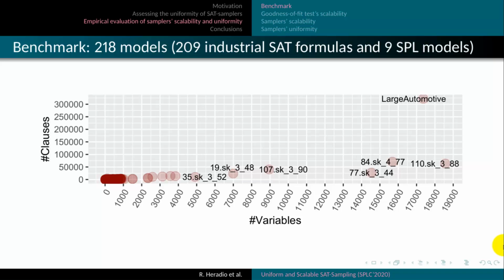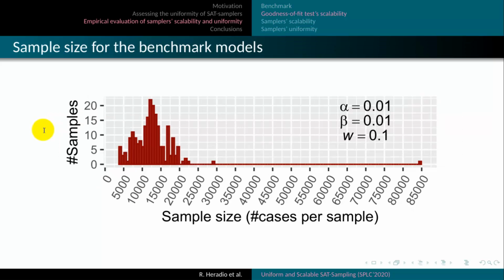We use a benchmark composed of more than 200 models, ranging from small ones to very large ones with more than 70,000 features and 300,000 clauses. Remember that existing validation methods require huge sample sizes with millions of configurations. This histogram shows the sample sizes required to validate the uniformity of the samplers in all the models in the benchmark.